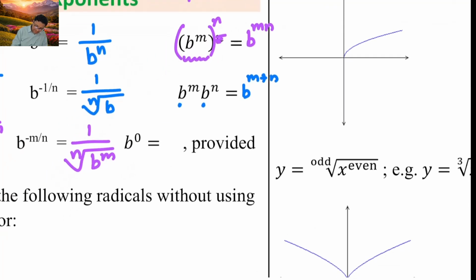And finally, if you raise any number to the power 0, that is equal to 1, the only condition is that b is not 0. 0 raised to the 0 is not 1. Everything else raised to the 0 is equal to 1.